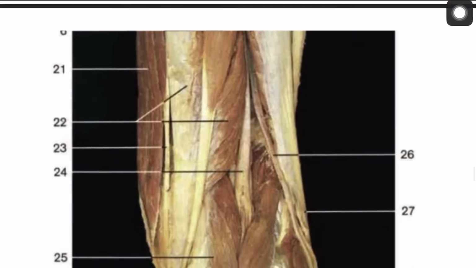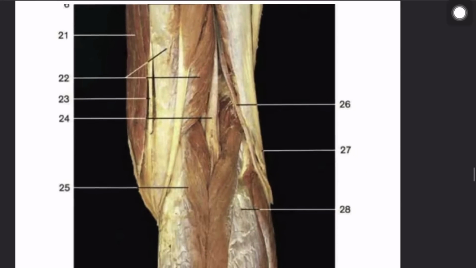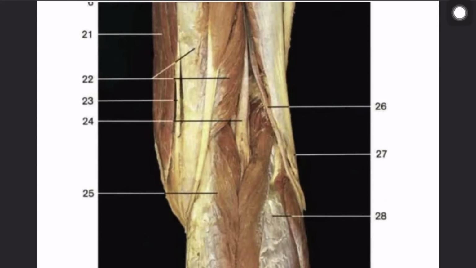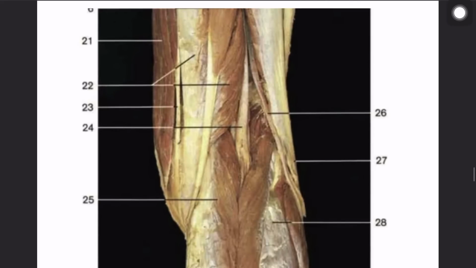On the medial side, we need to utilize this diagram or dissection to identify the boundaries and the contents of the popliteal fossa. The popliteal fossa is basically a fossa on the back of the knee, and it has muscles from the posterior aspect of the thigh and the posterior aspect of the leg as well. So let's start with that.